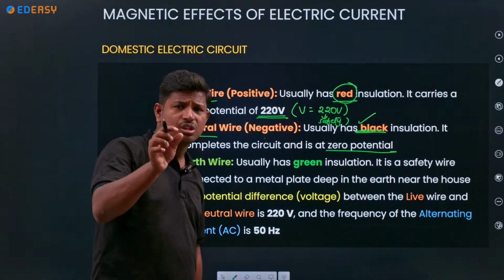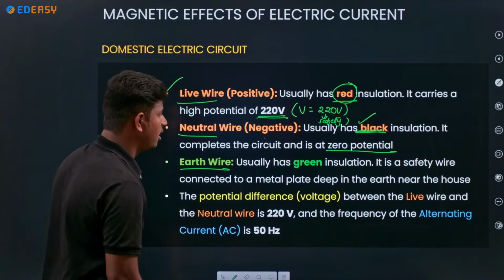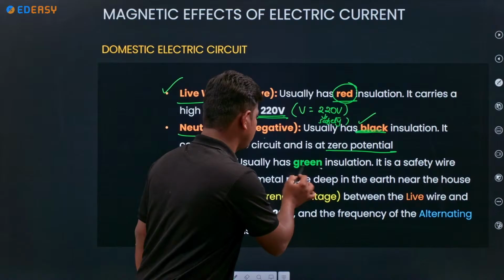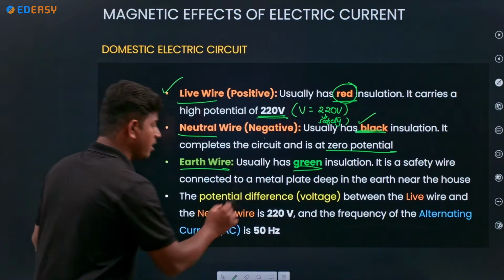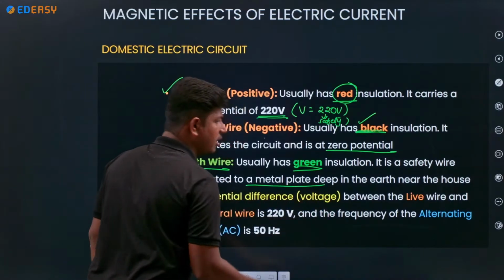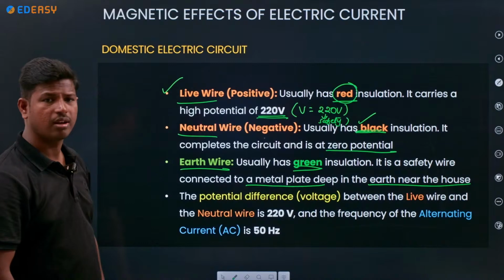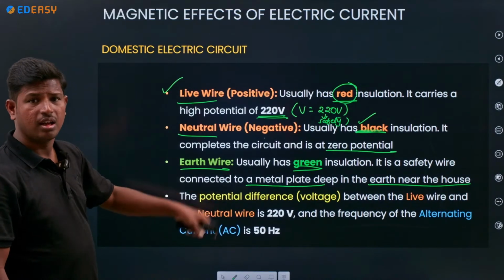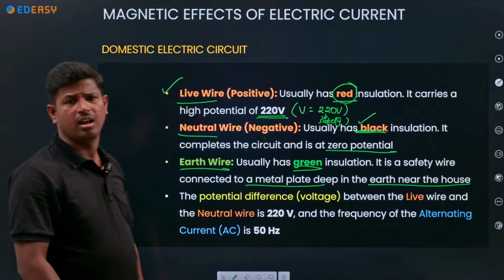It's zero potential. Okay, earth wire. What is the color? Green color. Earth wire means, with the help of a metal plate deep in the earth near the house, we dig and connect to the metal plate under the earth.